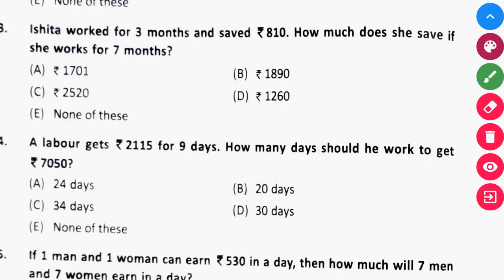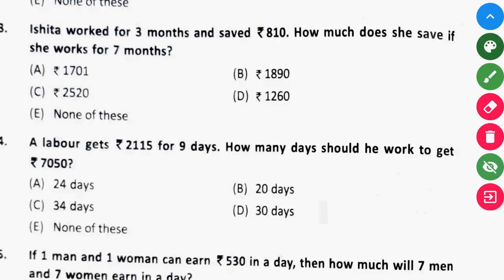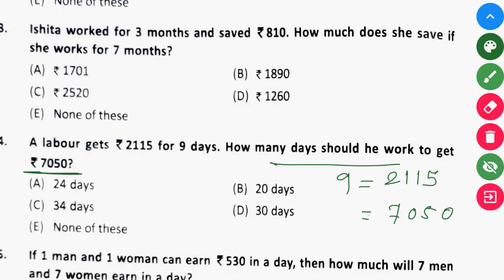Now the next one is, if a labor gets rupees 2115 for 9 days, how many days would he work to get 7050 rupees? Again cross multiplication can help. See, in 9 days he earns 2115 rupees. So to earn 7050 rupees, how many days does he have to work? So again do the cross multiplication.